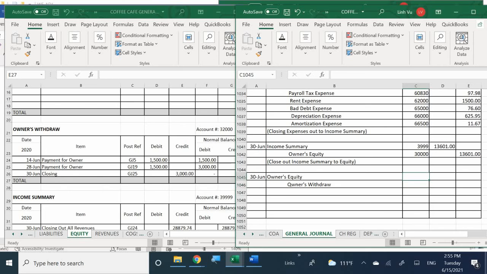So owner's equity is 30,000, my withdrawal is 3,000, and I'm closing out a total of $3,000.